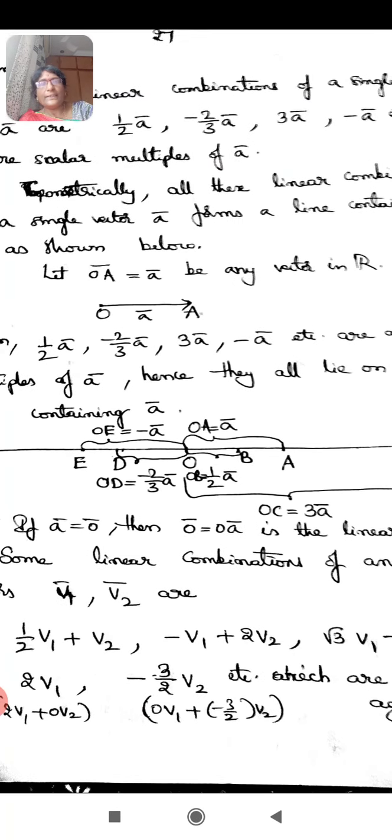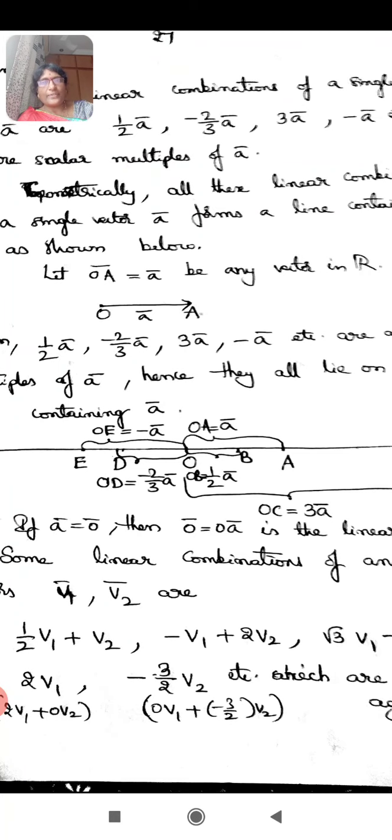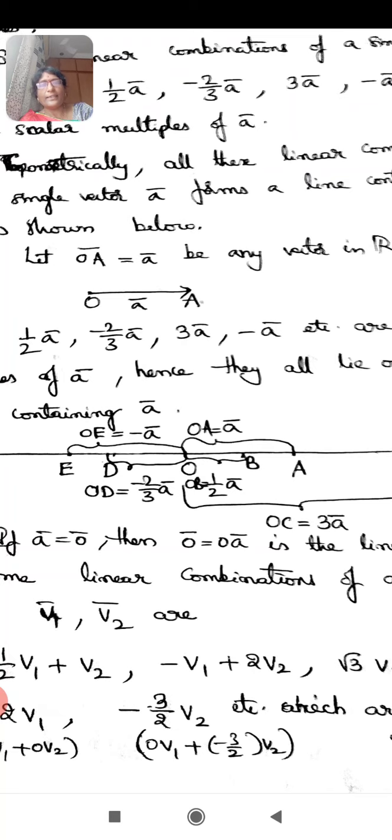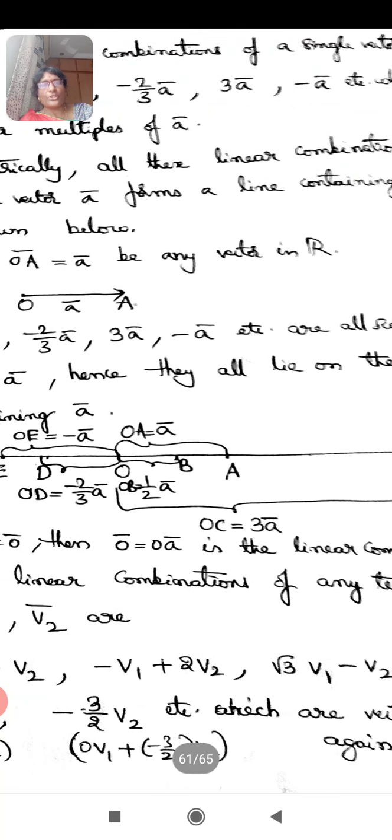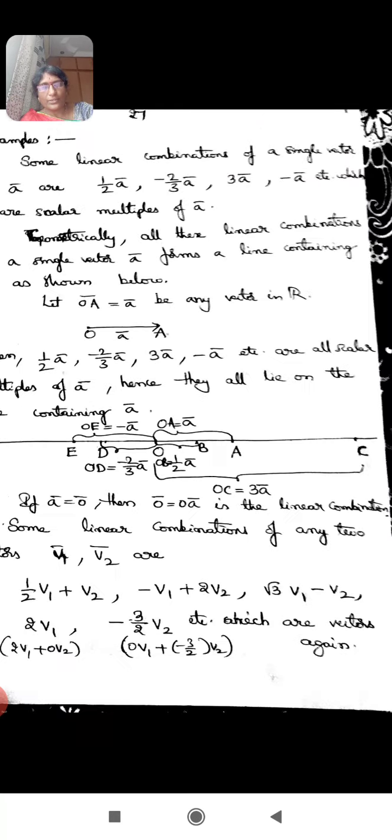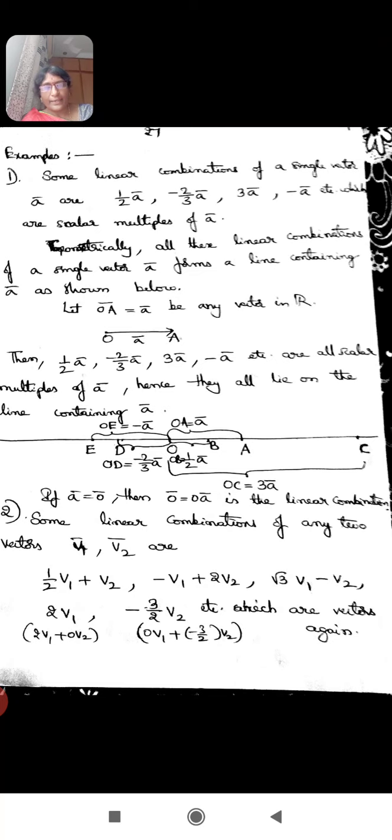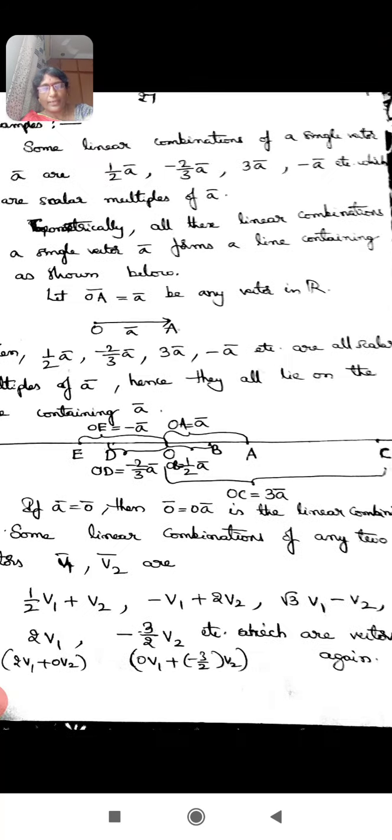Let us see what happens if a bar itself is a zero vector. If a bar is a zero vector, then 0 bar is equal to 0 times a bar, its linear combination. So even the zero vector has a linear combination where the weight or scalar is taken as 0, that is, the 0 multiple of a bar.